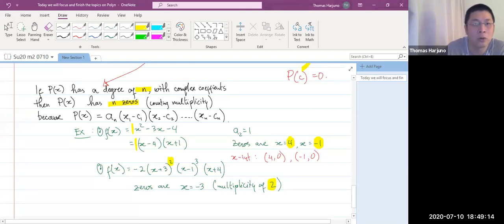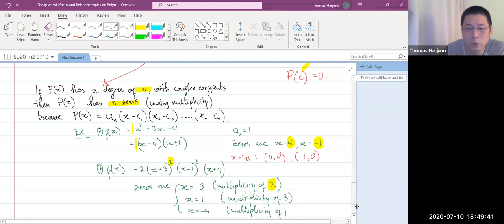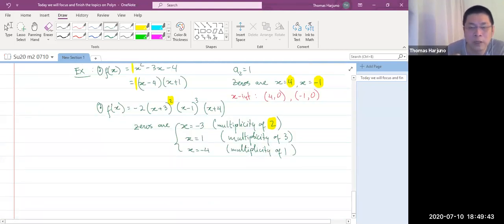Okay, now let me go on. The zeros are x equals negative 3 with multiplicity of 2, x equals 1 with multiplicity of 3, and x equals negative 4 with multiplicity of 1, which we also call a simple zero.